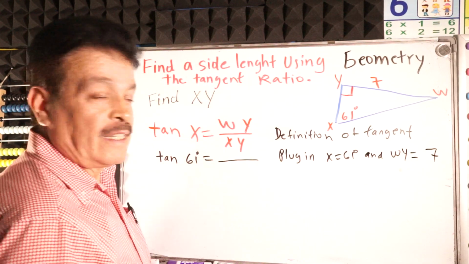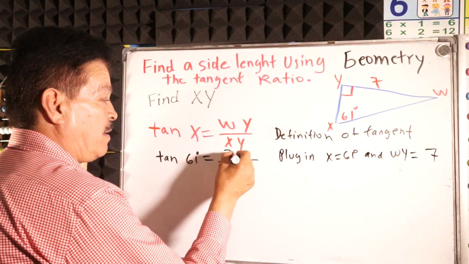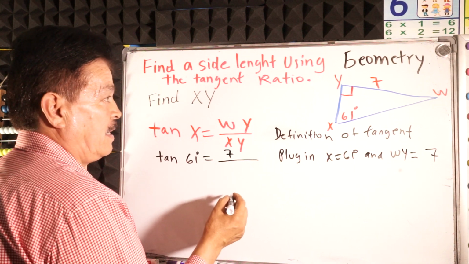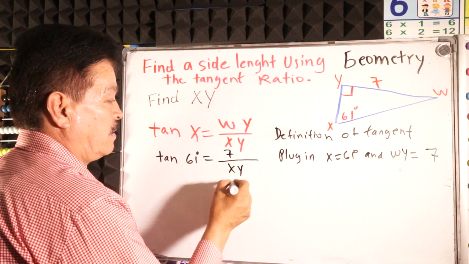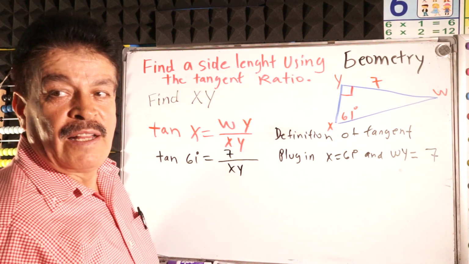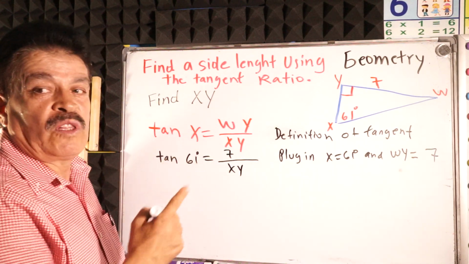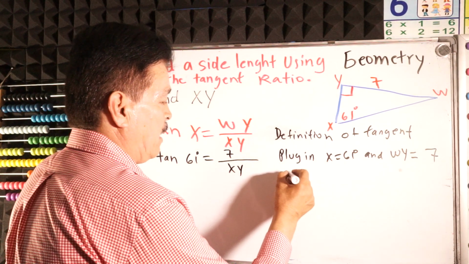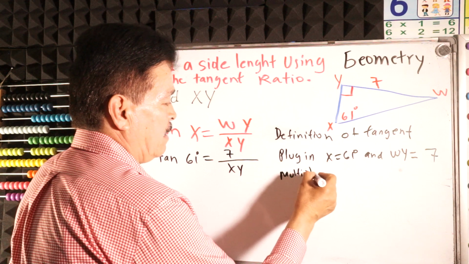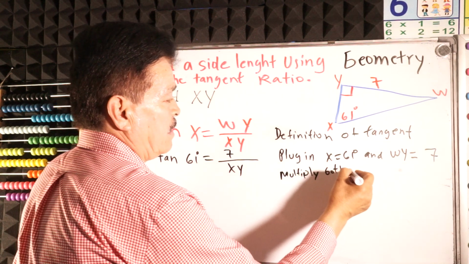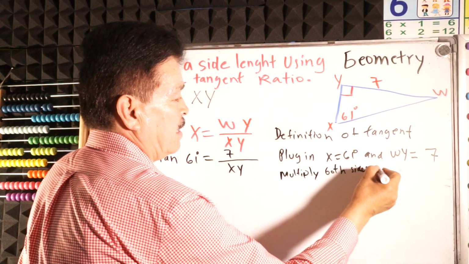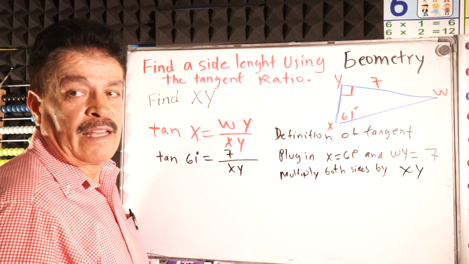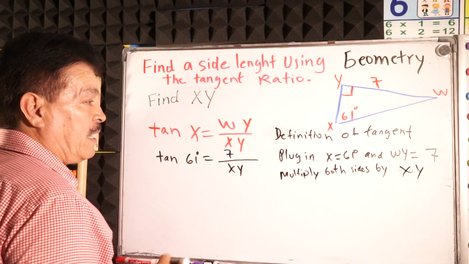So write 7 right here, and XY right here. And after this, multiply both sides by XY.